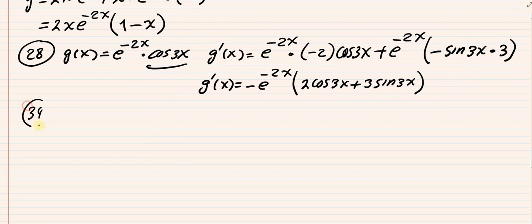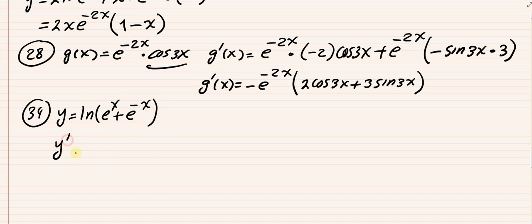Okay, number 34, y is equal to the natural log of e to the x plus e to negative x. So y prime would be 1 over, so the entire content of the parentheses acts as a u. The natural log of u, its derivative is 1 over u.